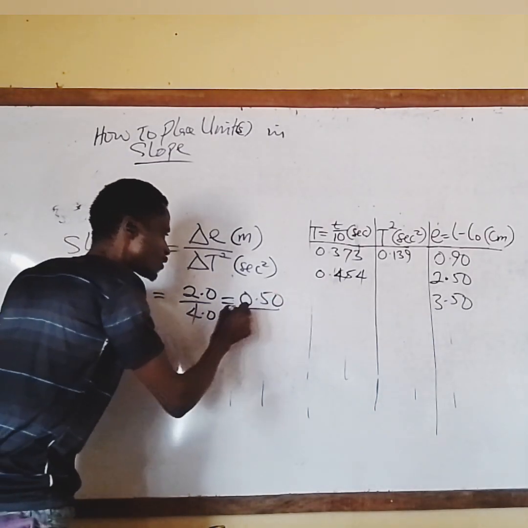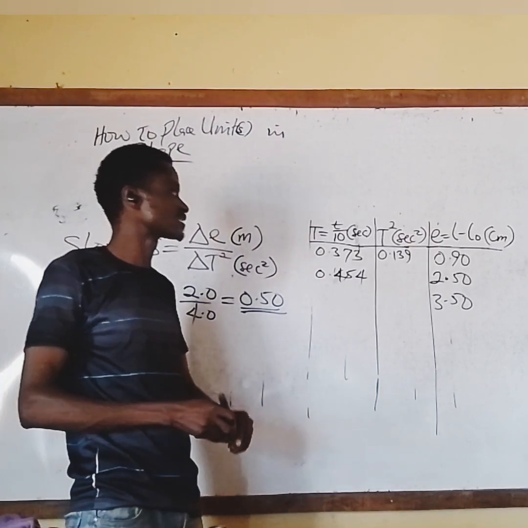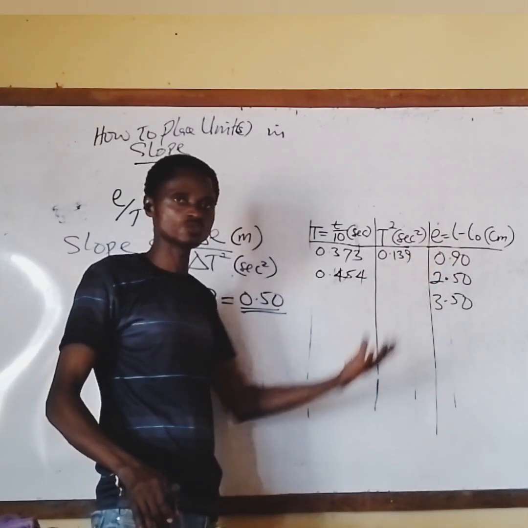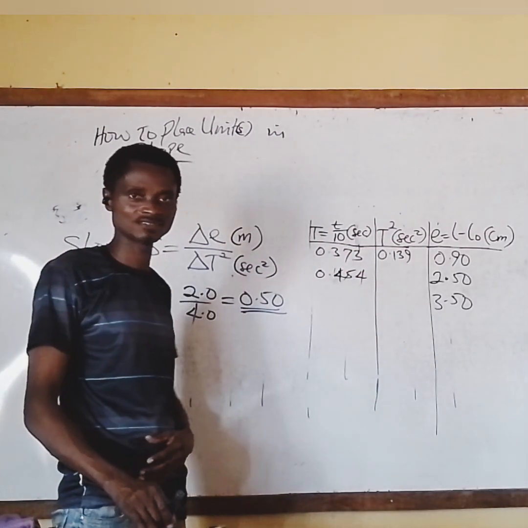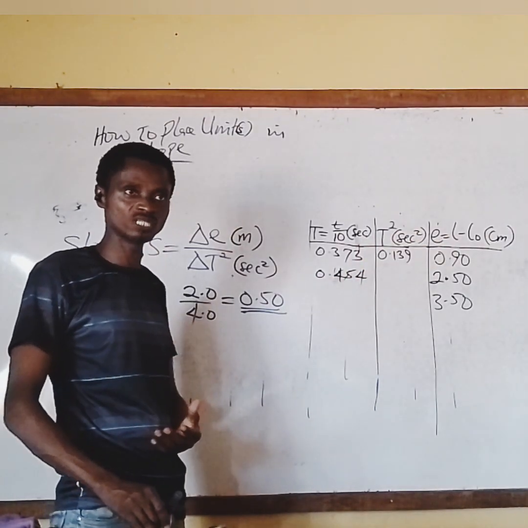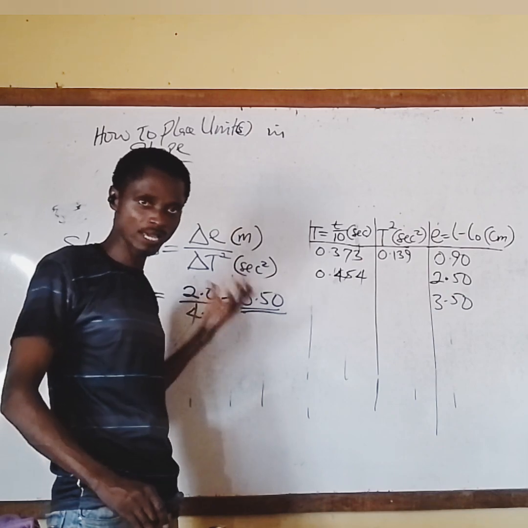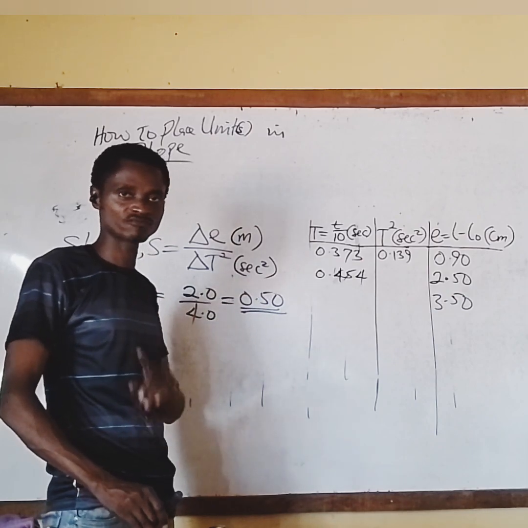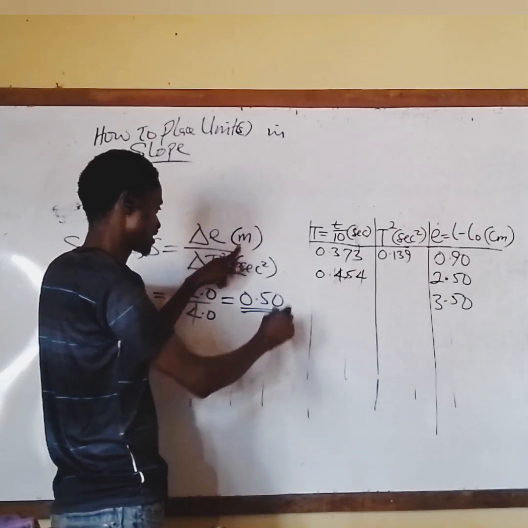You cannot leave your answer as 0.5 as far as E has units and T squared also has units. Since the two have their respective units, you must make sure you show the units, or else they will deduct marks from your score.